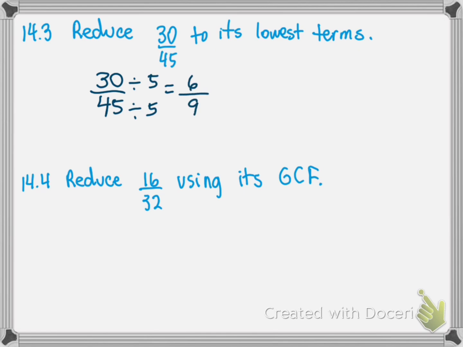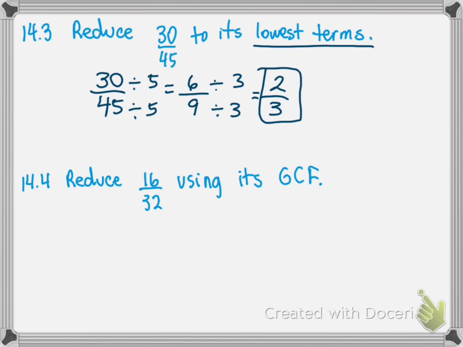Now, since we can still divide more, we will continue because they're asking for the lowest terms, which means where we can't divide anymore. So now we divide both of them by 3. It has to be the same number on the top and the bottom. 6 divided by 3 is 2, and 9 divided by 3 is 3. There's nothing else we can do because 2 and 3 are prime numbers, so that would be the answer.